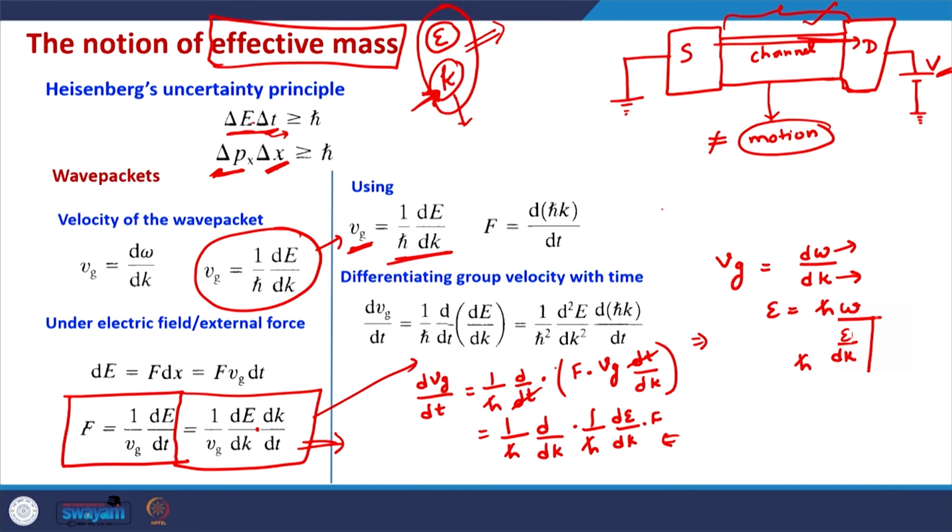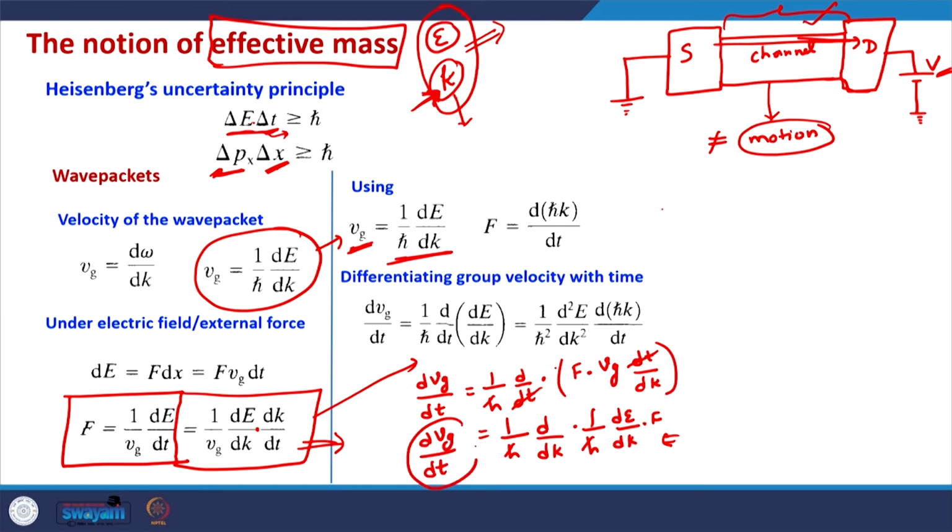So, by using this expression, we can deduce the relationship between this dVg by dt, which is like acceleration in classical mechanics, and the force. So, this ultimately turns out to be 1 by h bar square d2E by dk square times f.